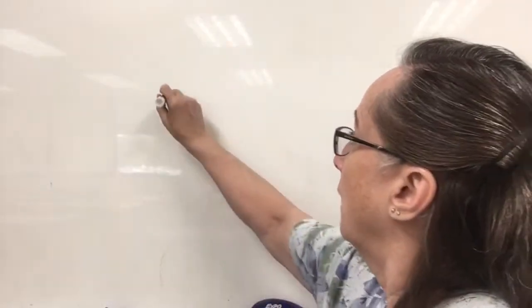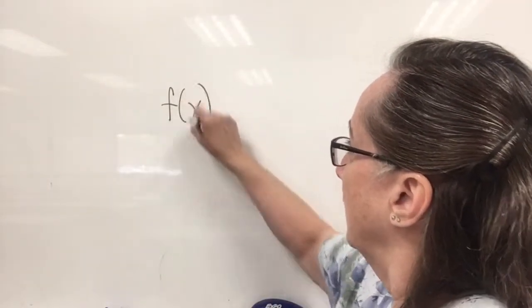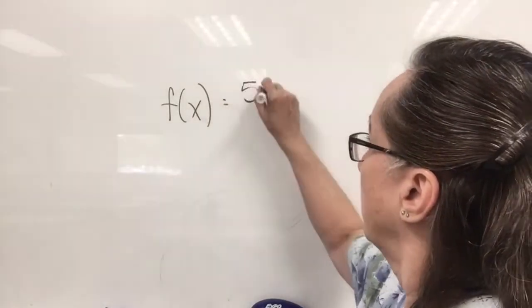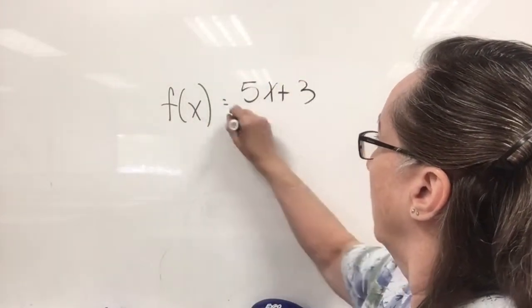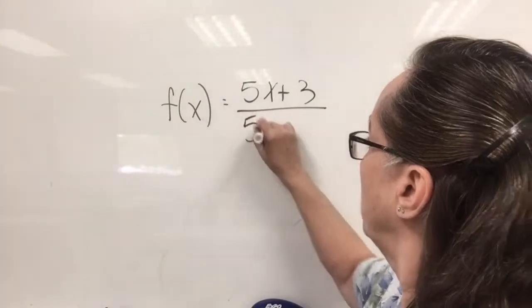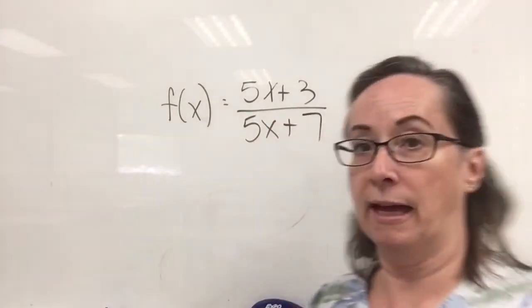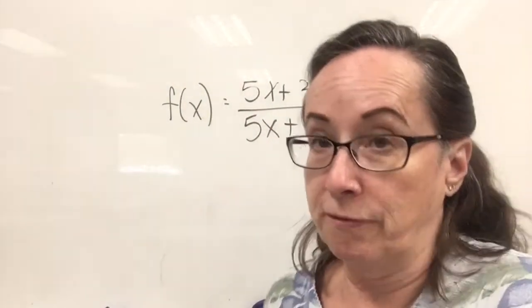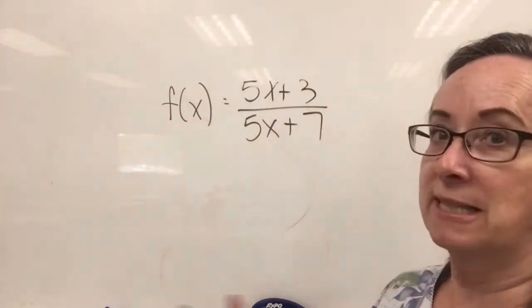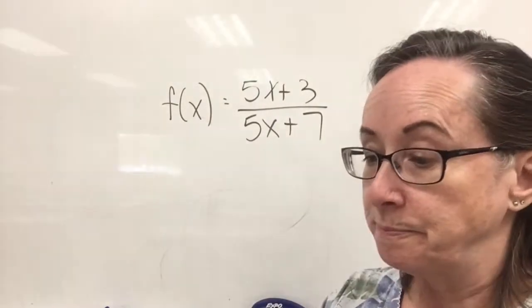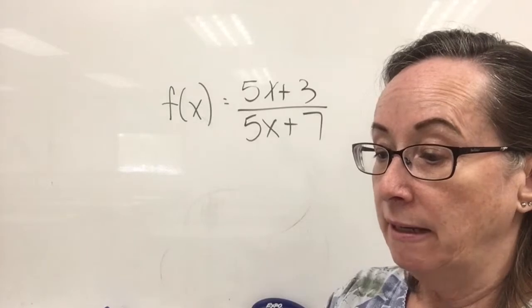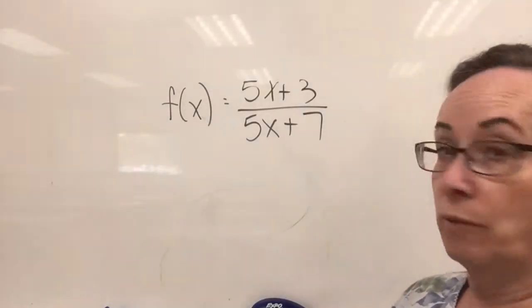Okay, so f of x is 5x plus 3 over 5x plus 7. Okay, so that is the original function. And first of all, we have to decide, is it 1 to 1? Okay, and it is 1 to 1.